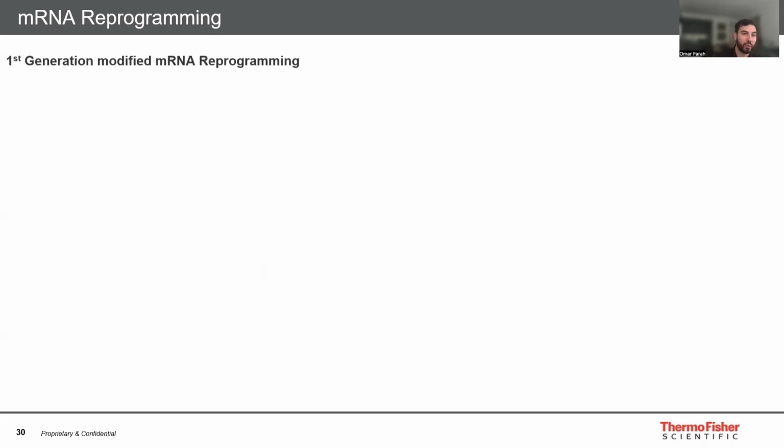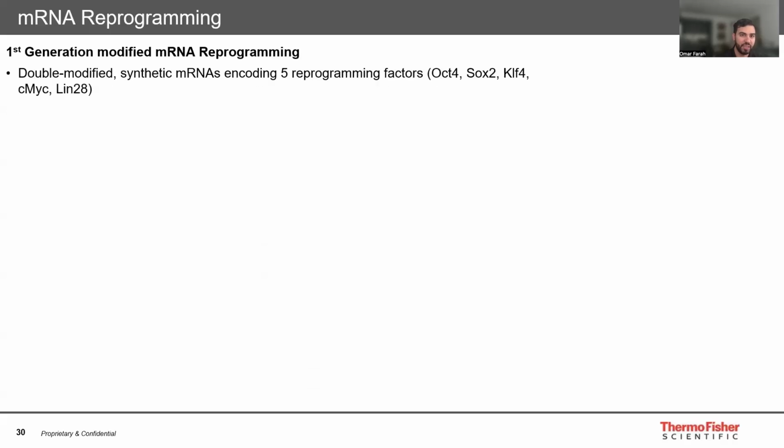So with mRNA reprogramming, there was a first generation reprogramming kit that was launched a while back that basically included five mRNAs encoding the reprogramming factors plus Lin28. But the reprogramming protocol initially in that first generation kit was very, very cumbersome.